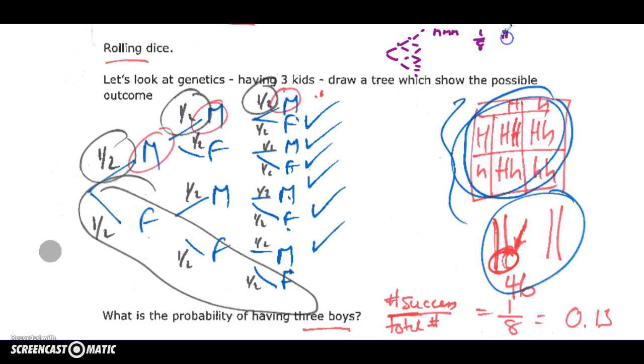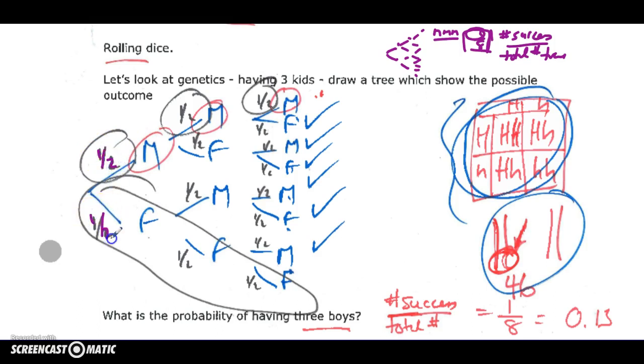Again, for probability, it's the number of successes over the total number of trials. Here there are 8 trials, and 1 of them is a success, so 1 out of 8 times those 3 males happen. But later we got to the point where we said, let's put probabilities on the branches.